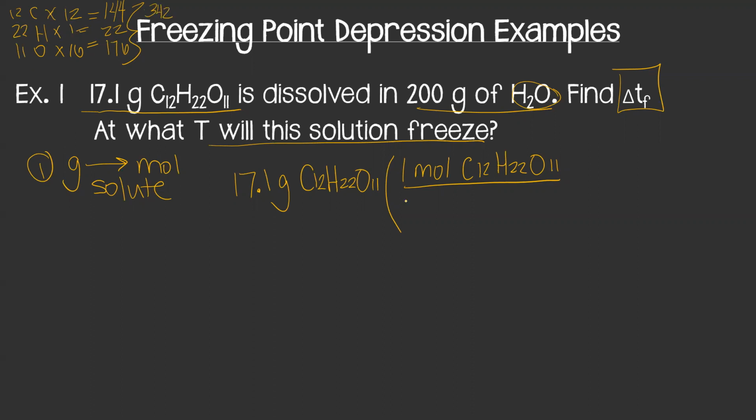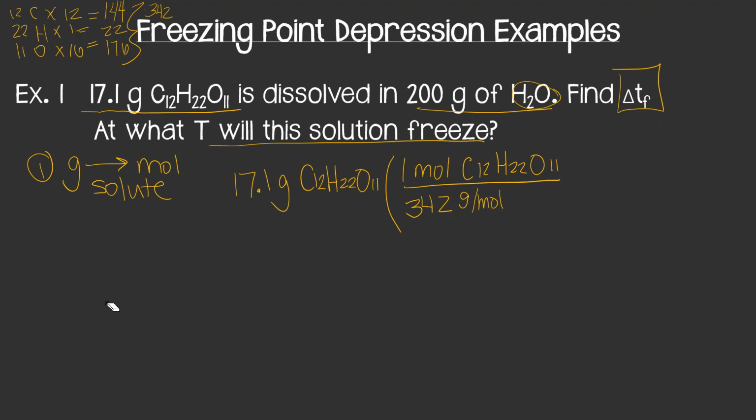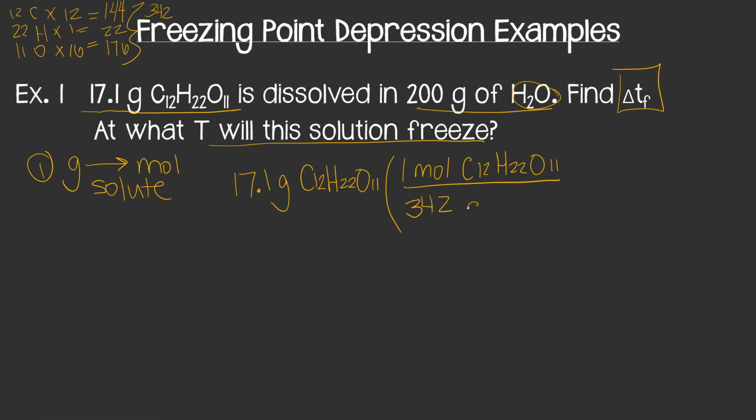So that's going to go down here. My molar mass is 342 grams per mole. But I don't need grams per mole because the mole is up here. So I just have to write grams at the bottom. That way my units cancel. And I apologize for that. If I said atomic mass, I meant molar mass. So 342 or something close to that.